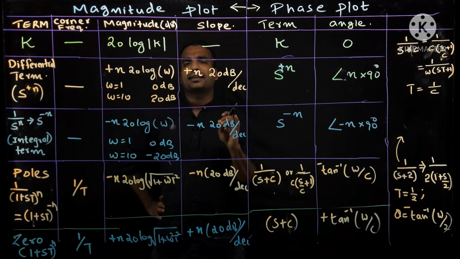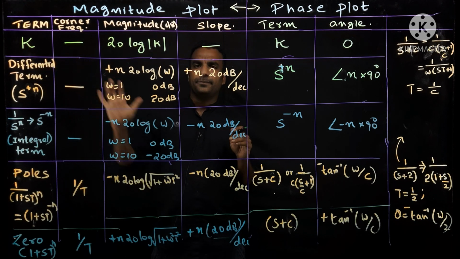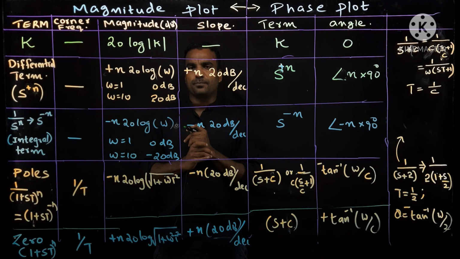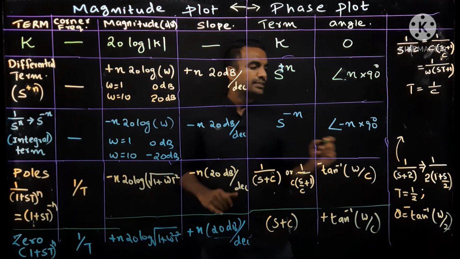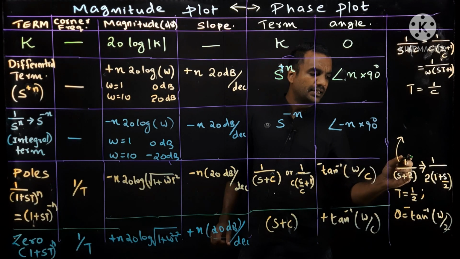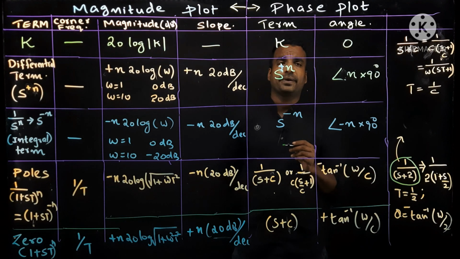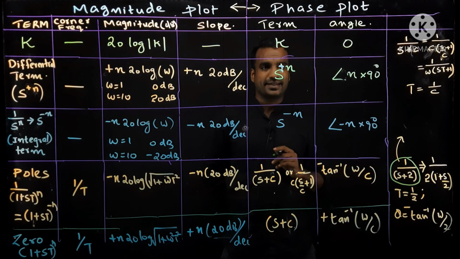Actually, it is not exactly correct. In Bode plot, for finding this k, you have to make all the components into standard form. Standard form means, this is the general form of a pole, 1 by s plus 2, but it is not the standard form.